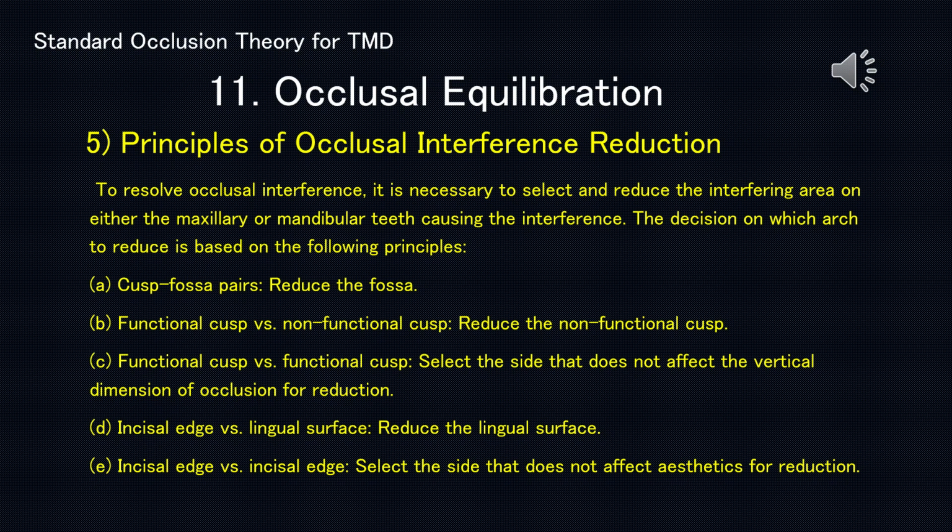B. Functional cusp versus non-functional cusp, reduce the non-functional cusp. C. Functional cusp versus functional cusp, select the side that does not affect the vertical dimension of occlusion for reduction. D. Incisal edge versus lingual surface, reduce the lingual surface. E. Incisal edge versus incisal edge, select the side that does not affect aesthetics for reduction.